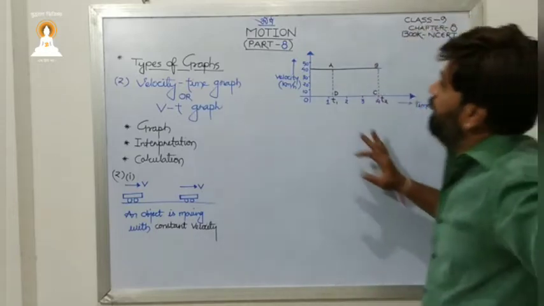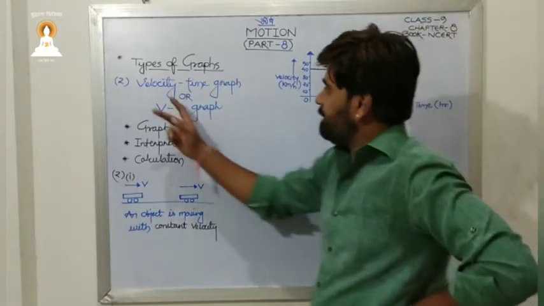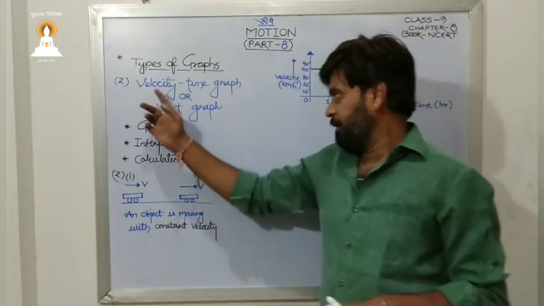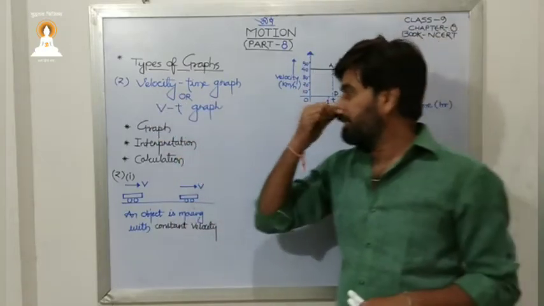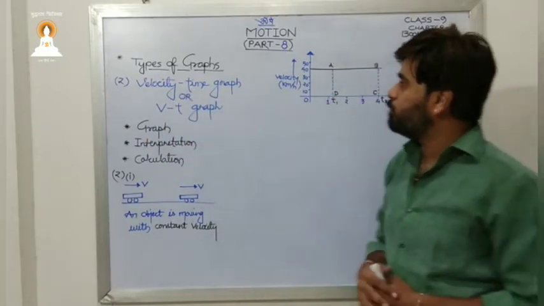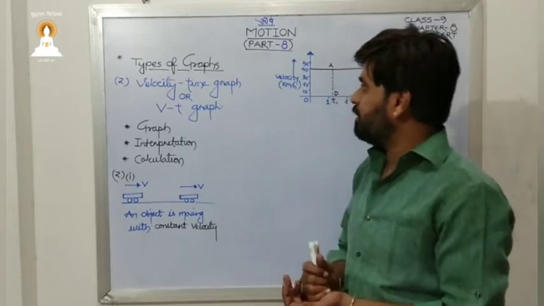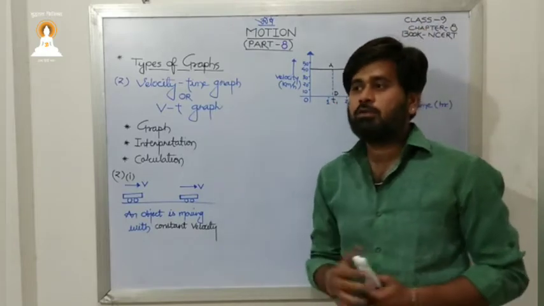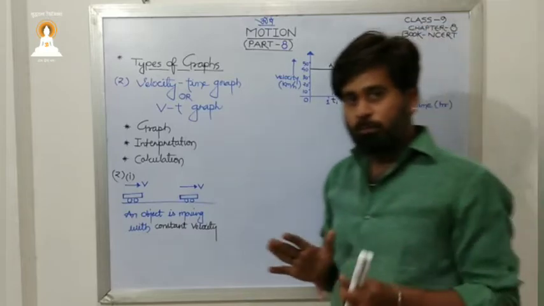Now see, in the previous case, in the position time graph, listen carefully, very important. In the position time graph, that was the first one, we used the terminology slope, the slope of that graph. Why did we use slope?